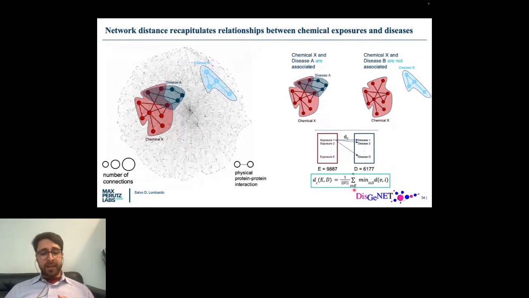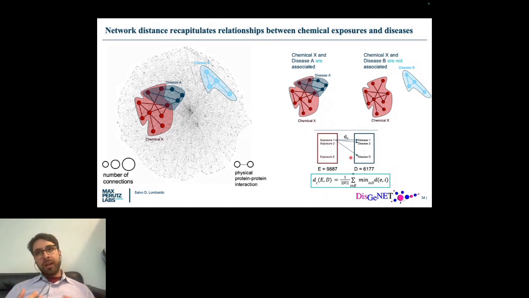And these two sets, in this case, are the exposure set and the disease set. In this way, we can quantify this distance, and the smaller this distance is, the closer those two sets are, so exposures and diseases.